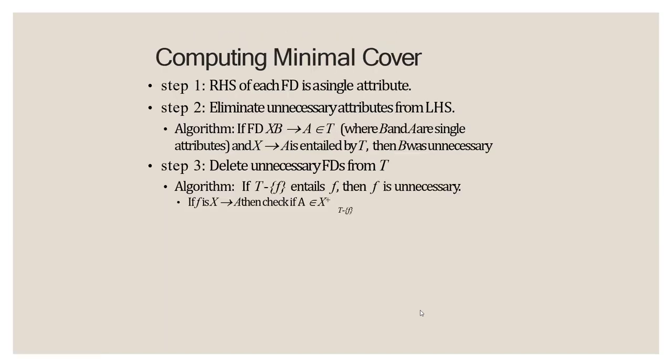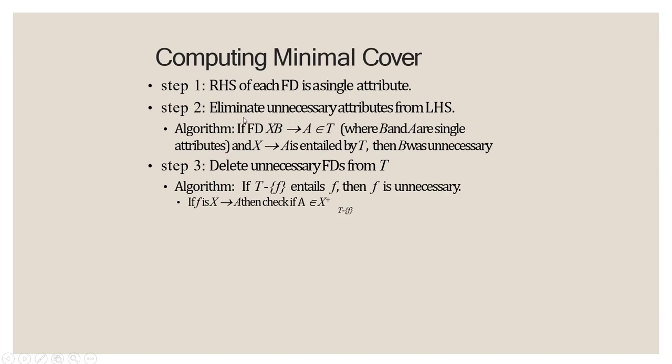So just to jog your memory on how to get your minimal cover, which we also call the canonical cover, we want to have only a single attribute on the right-hand side. So if you have more than one attribute on the right-hand side, you want to put them apart and have multiple dependencies.